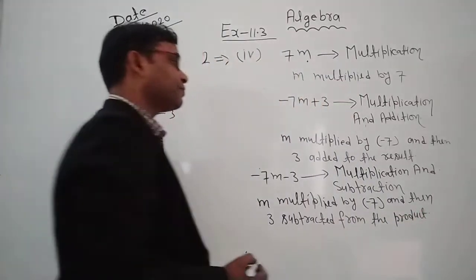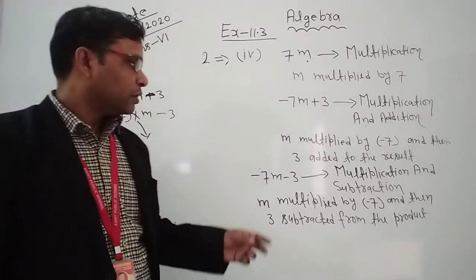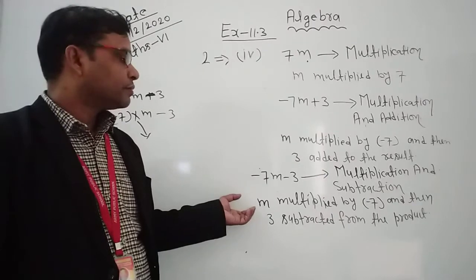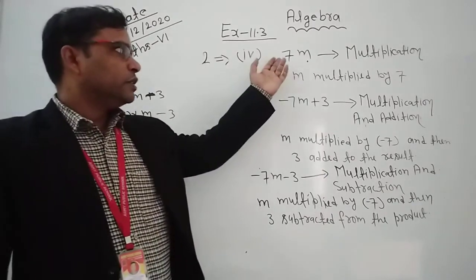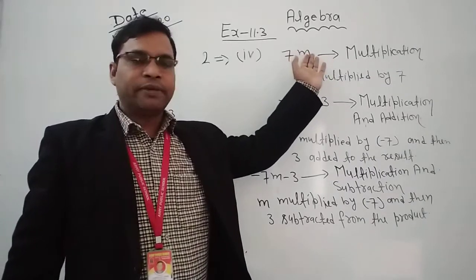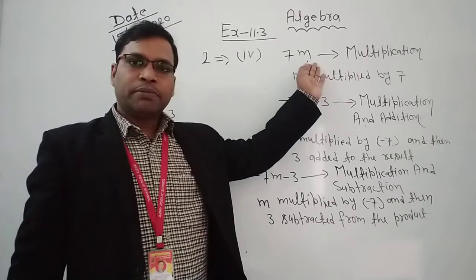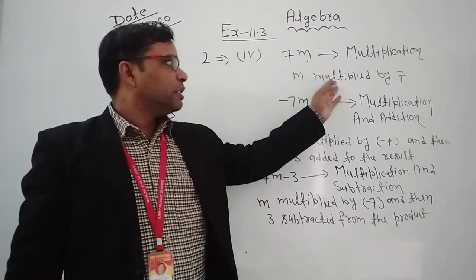Clear? So students, in this way, for 7m we identify the operation: multiplication, and the expression is formed by m multiplied by 7.